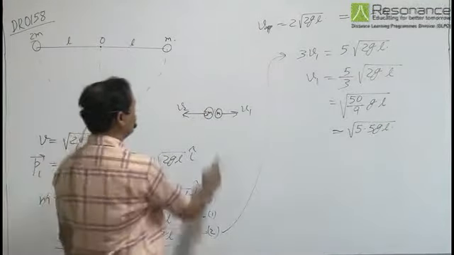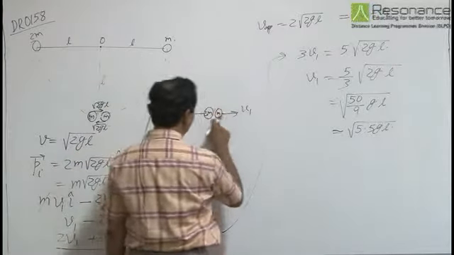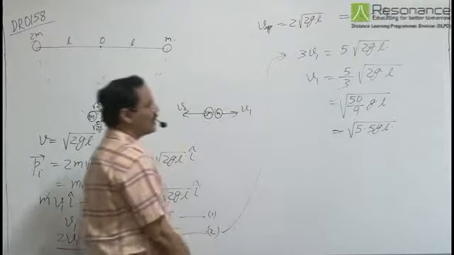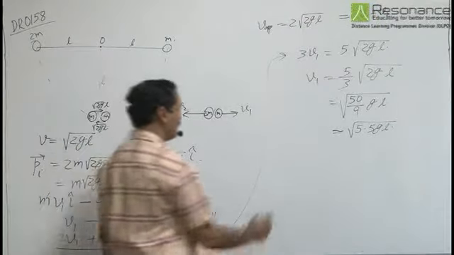So the smaller mass m has got a velocity under root 5.5 gL.